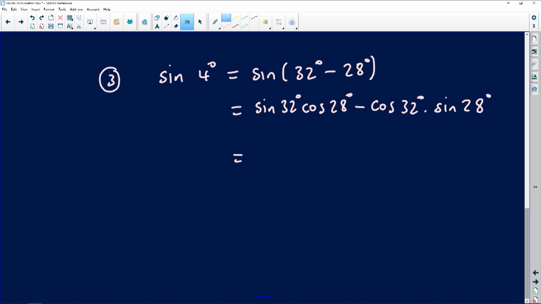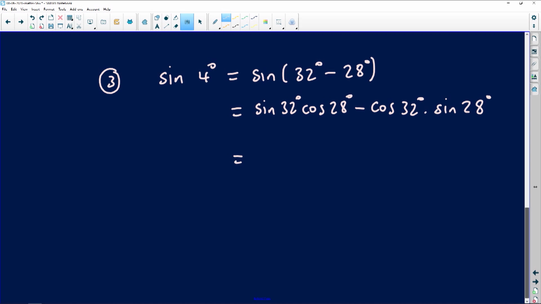You shouldn't struggle to know that the sine of 32 minus 28 is sine 32 cos 28 minus cos 32 sine 28.